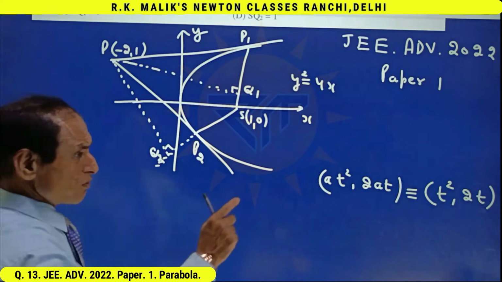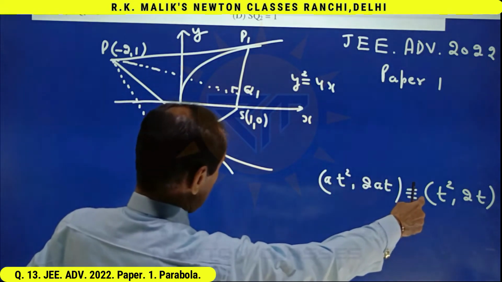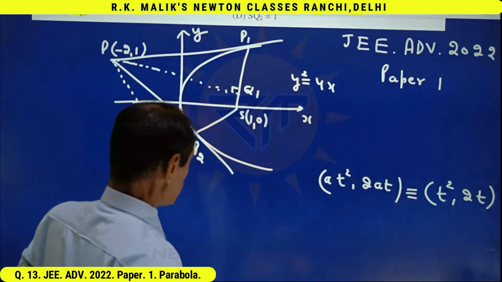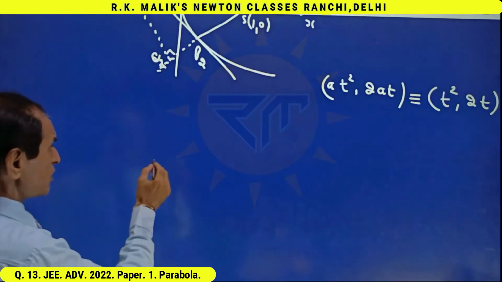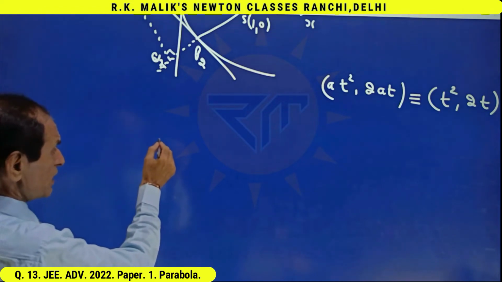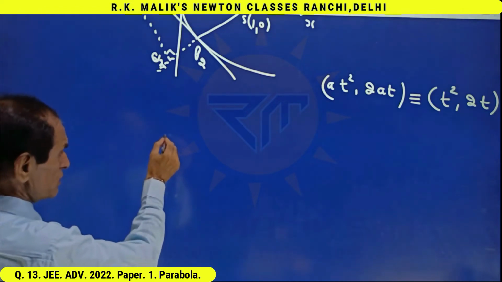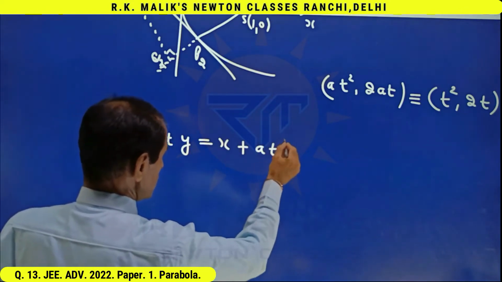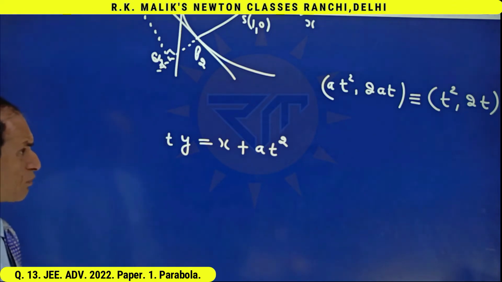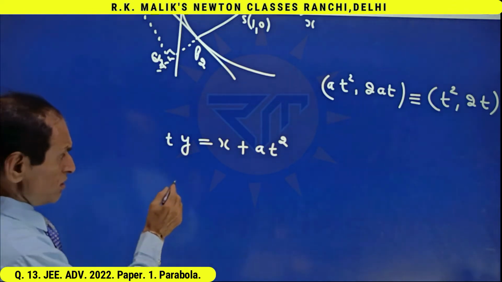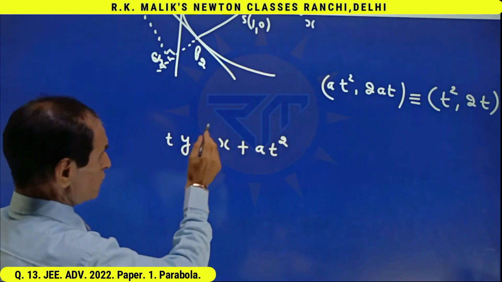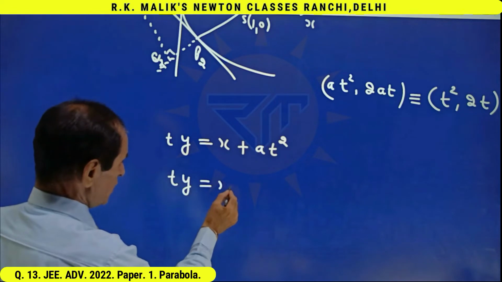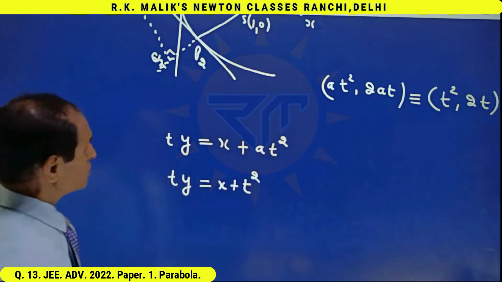As I told you, because this is any point on the parabola, I find the equation of tangent at the point (t square, 2t). As we know, the general formula for the equation of tangent at the point (at square, 2at) is ty equal to x plus at square, and because a is 1 here, the equation of tangent at the point (t square, 2t) will become ty is equal to x plus t square.